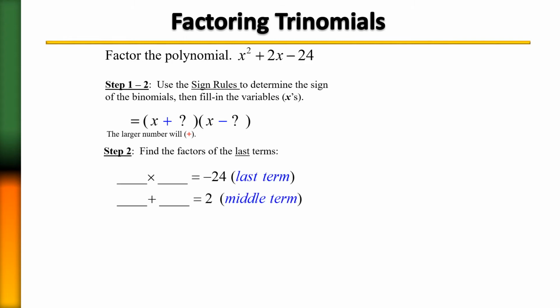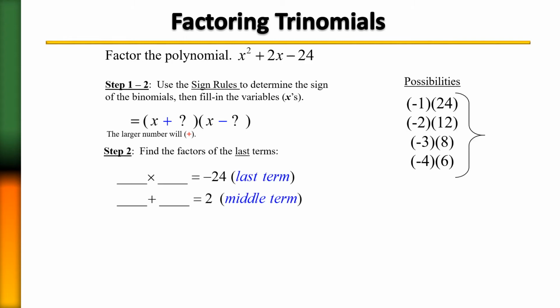So here are all the possibilities of how I can get negative 28. And notice that my larger number is positive, just like my middle term tells me it should be. And by default, my smaller number is a negative, as it should be.